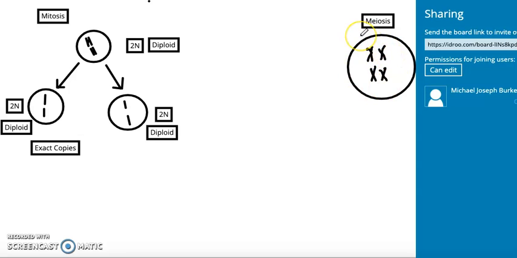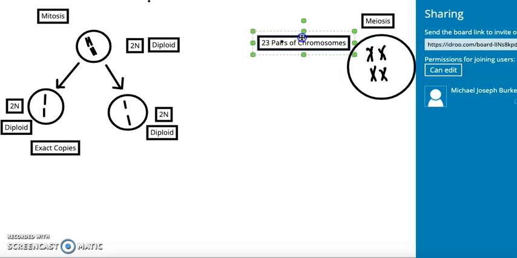So we've got the X-shaped chromosomes. What do we call them when we have the pairs of chromosomes? Remember I always said there were 23 pairs of chromosomes in humans, right? What do we call those pairs? We call them homologous chromosomes, right?